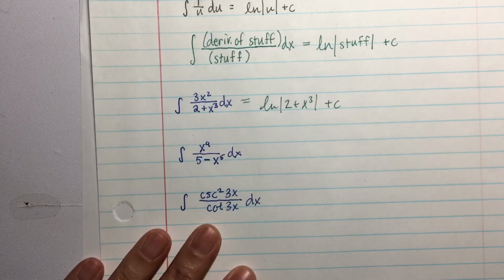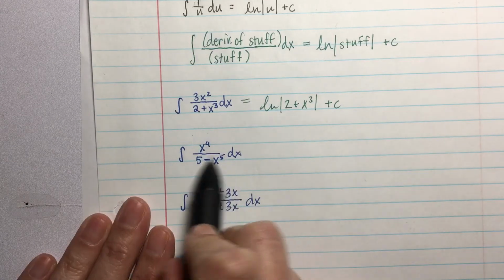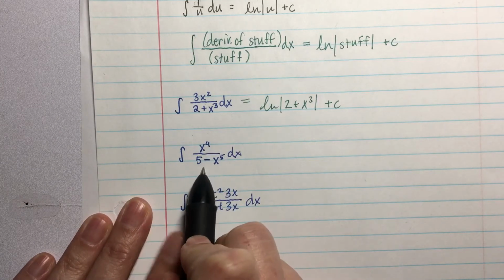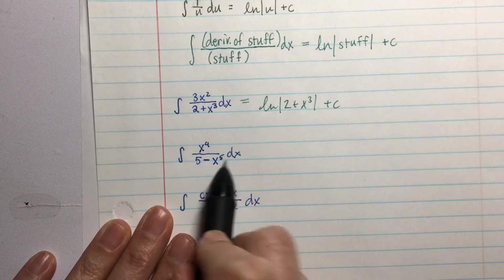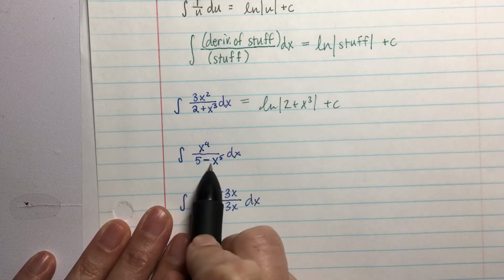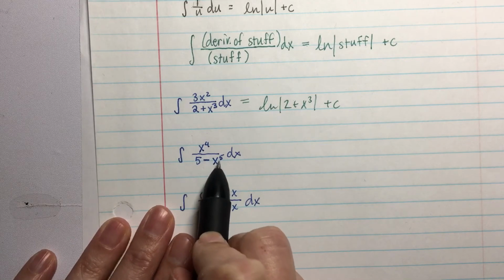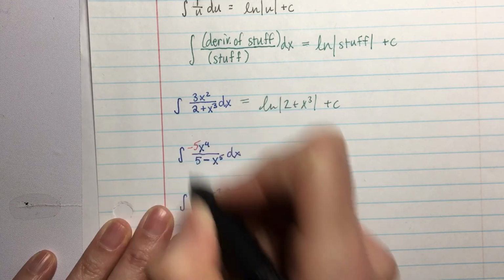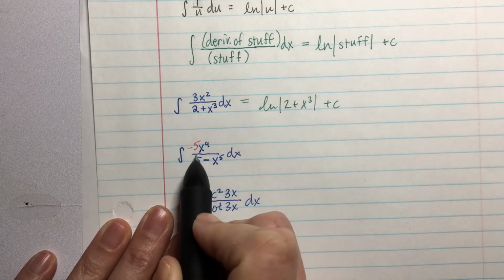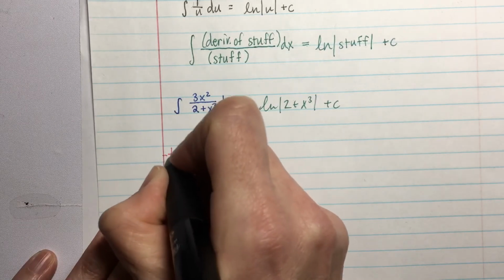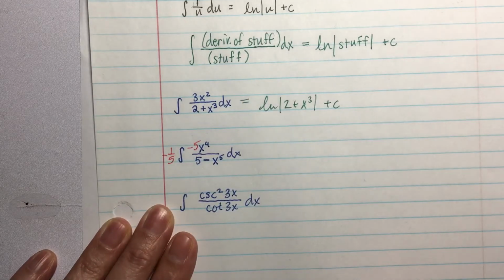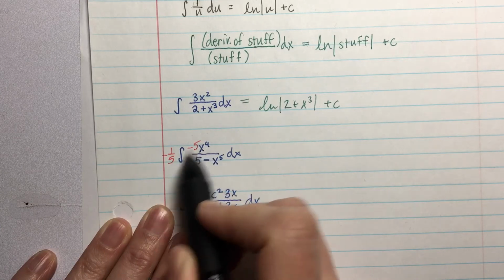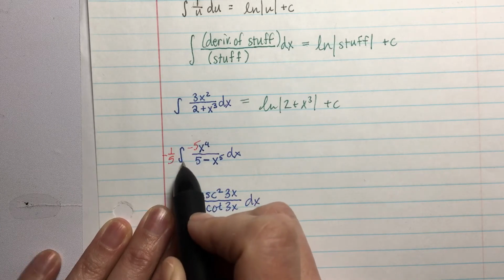Now let's make it slightly less straightforward. Looking at this guy, x to the 4th over 5 minus x to the 5th, the derivative of the denominator is negative 5x to the 4th. I really want to have a negative 5 here. And I can have a negative 5 here if I throw a negative 1/5 out in front, because by multiplying by both of those, I haven't actually changed things.